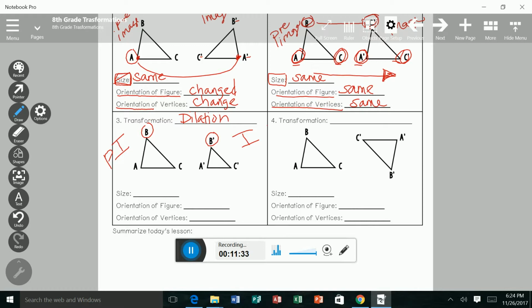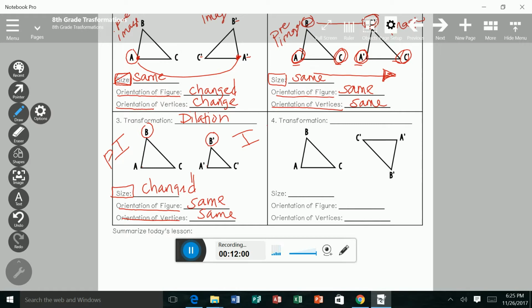Dilations are the only one that are going to have a change in size. So for my size, it has changed. Okay, the orientation of the figure, all my vertices are still in the same spot. Okay, so it is the same. Orientation of vertices, same.